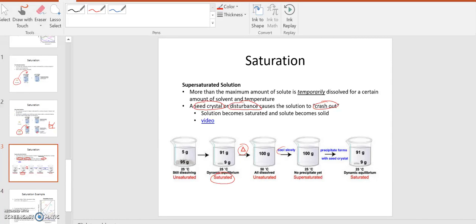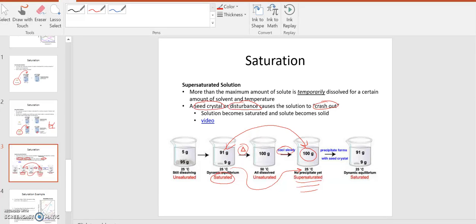If we allow it to cool nice and slowly, and we get back to this 25 degrees temperature that we started at, and all 100 grams are still dissolved at this 25 degrees, now we have our supersaturated solution, because before only 91 grams would dissolve. Now we've got 100 grams.